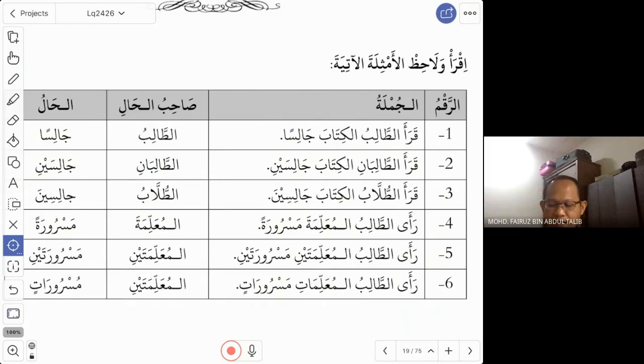So this is the hal, and so far we have seen what is the connection between the hal and also the sahibul hal, and how do you change the form? Okay, how do you change the hal? So it must match the sahibul hal. So far, any question?